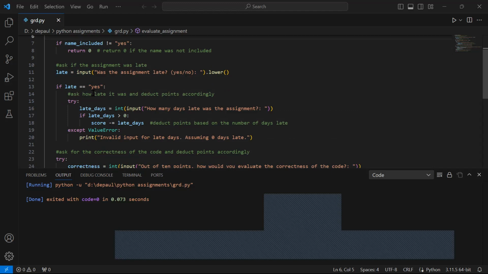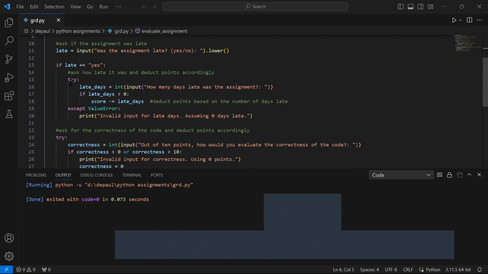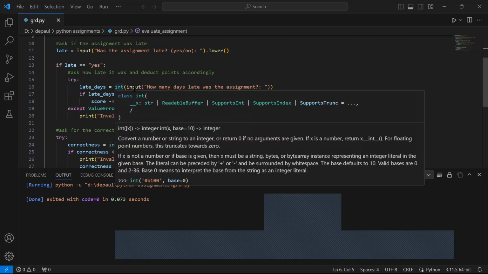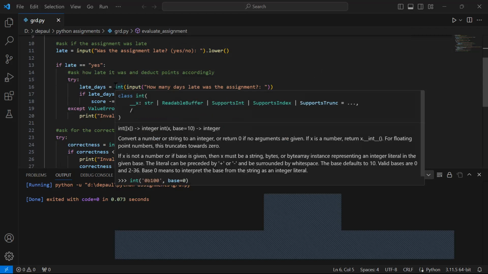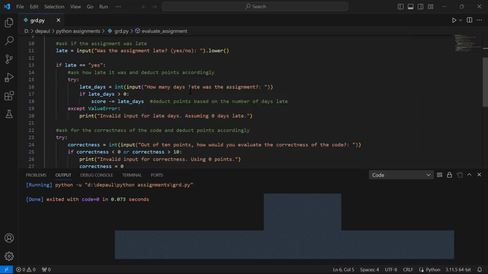Try late days equal to int of input of how many days late was the assignment. We are using int because we are counting in days, a number, so we convert to an integer value.